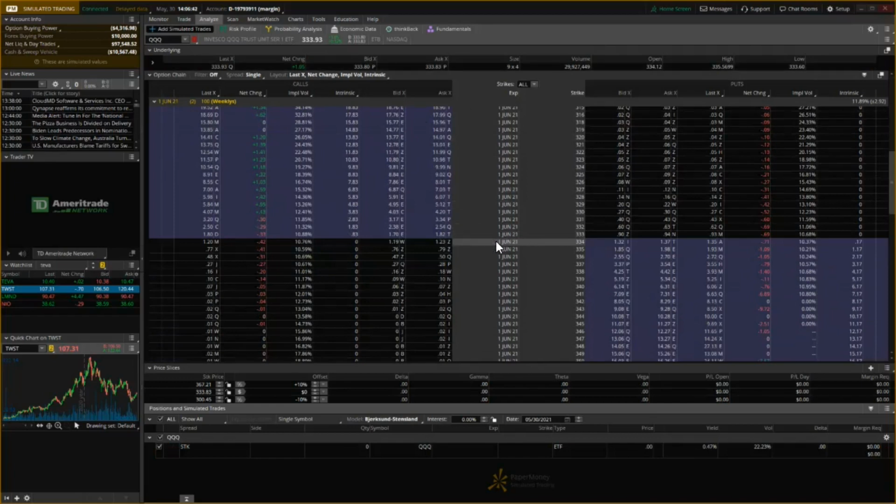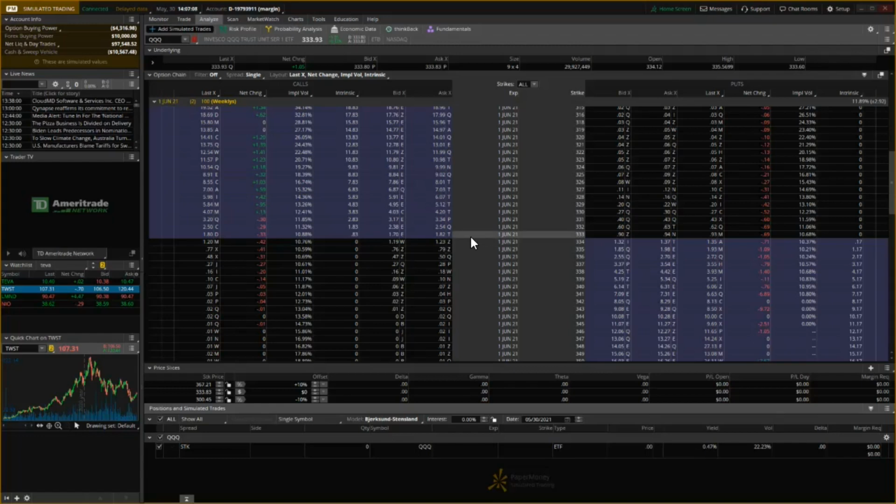First thing we need to do, let's say we're going to guess that the QQQ is not going to stay here for the next 2 days at this level of 333, and we're going to buy the butterfly and see how it goes. As I showed you before, we need to go one price below the strike price.